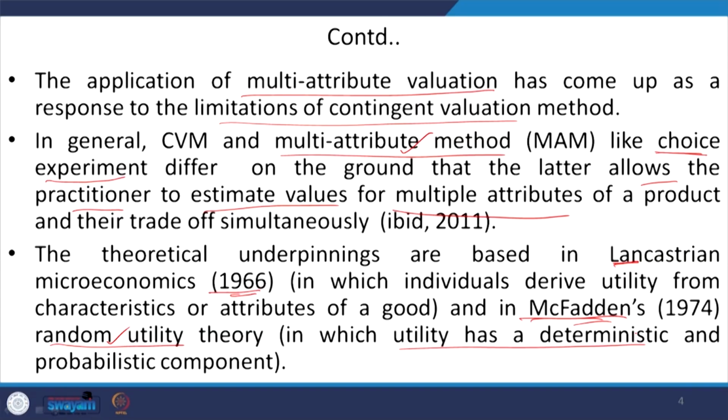So, in that way, if you want to find the theoretical backbone of multi-attribute valuations, we can attribute it to these two broad theories. One is the Lancasterian microeconomics theory and the second one is McFadden's random utility theory.